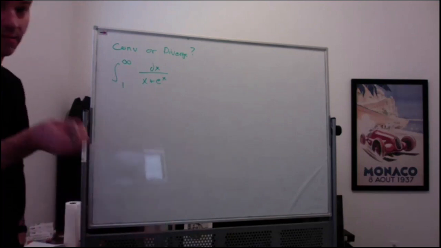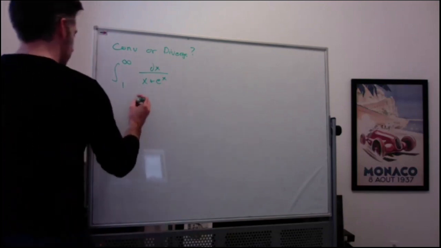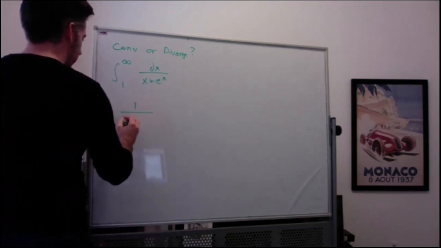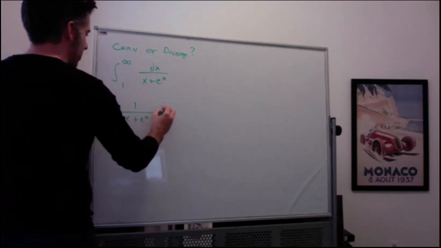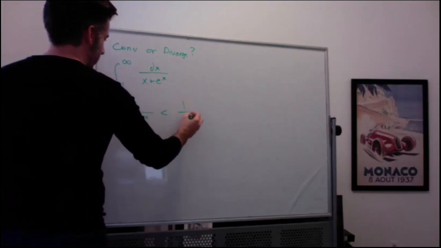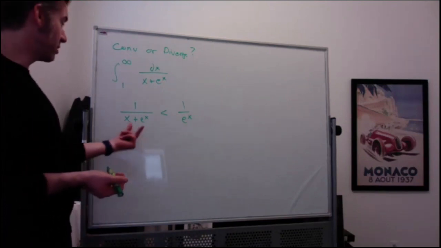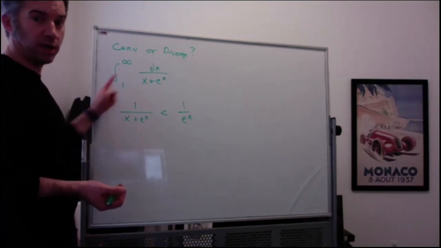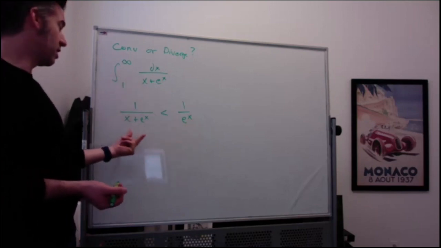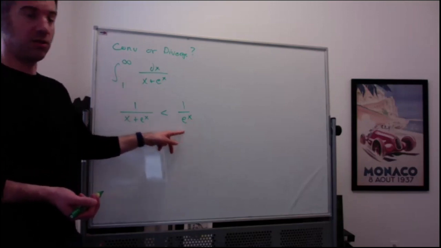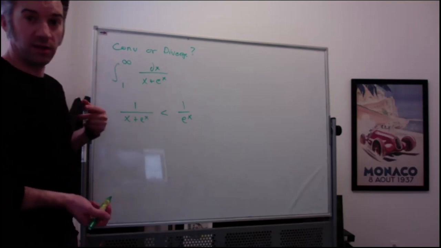So here's what I'm seeing. I'm seeing that 1 over x plus e to the x is less than 1 over e to the x. Right? If your denominator is larger, your fraction is smaller. And this denominator is certainly larger than that denominator everywhere from 1 to infinity.